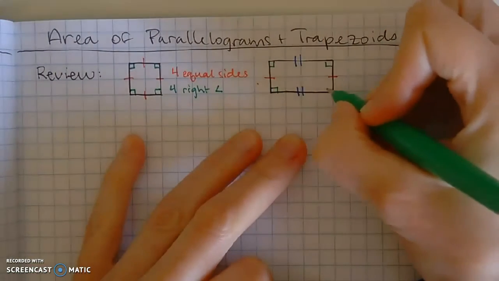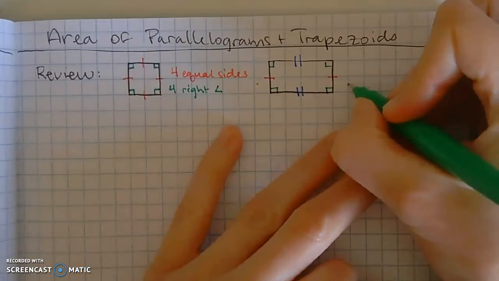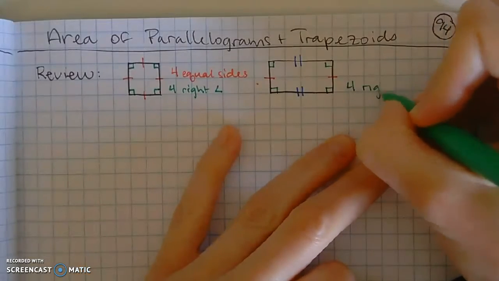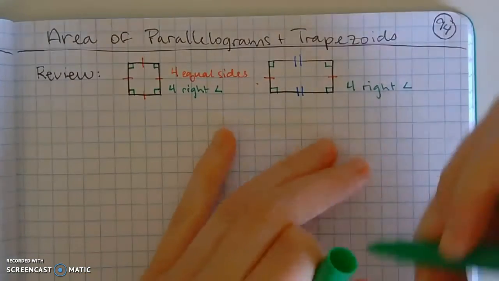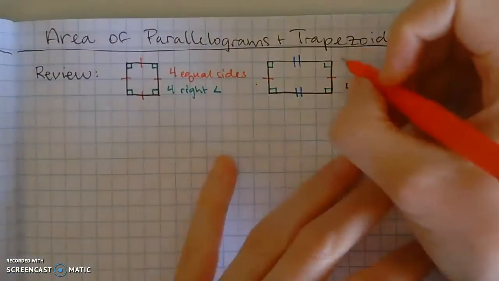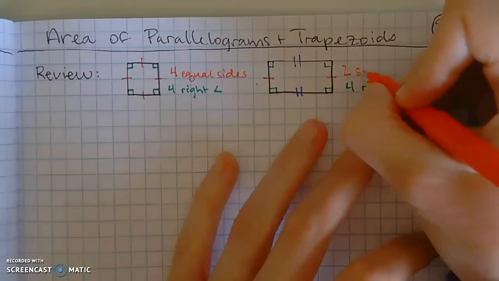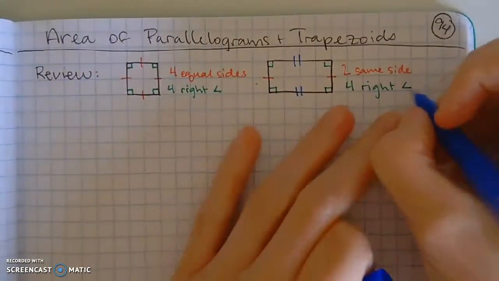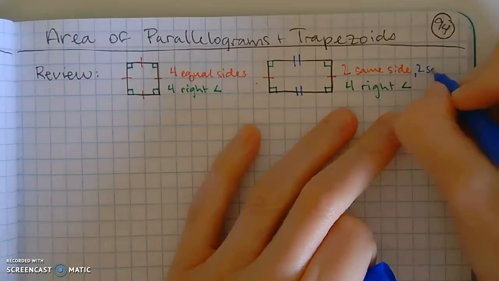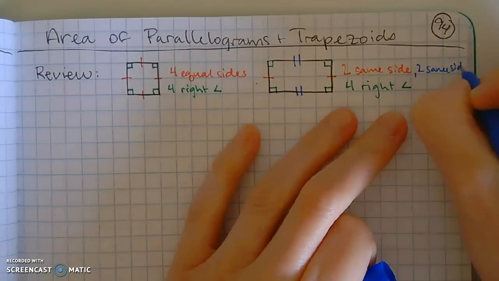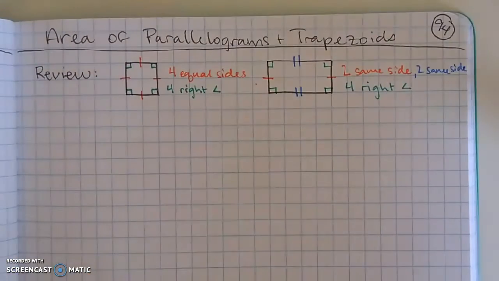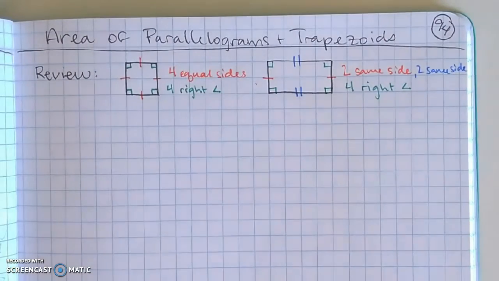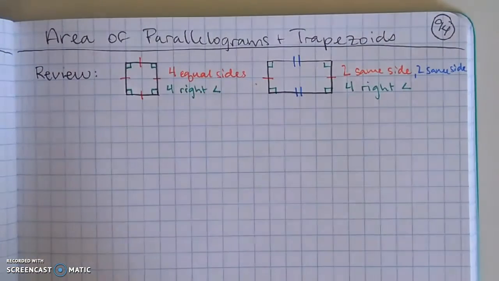So we still have 4 right angles, and then 2 same sides, and then 2 same sides.